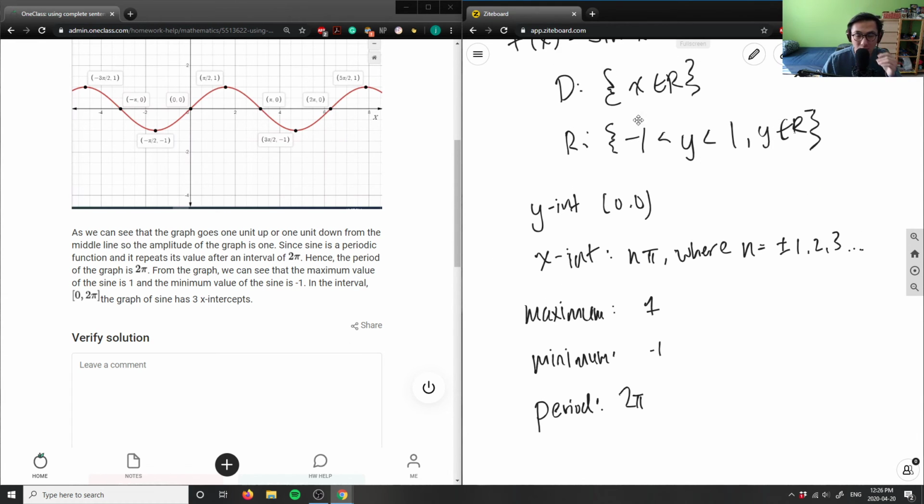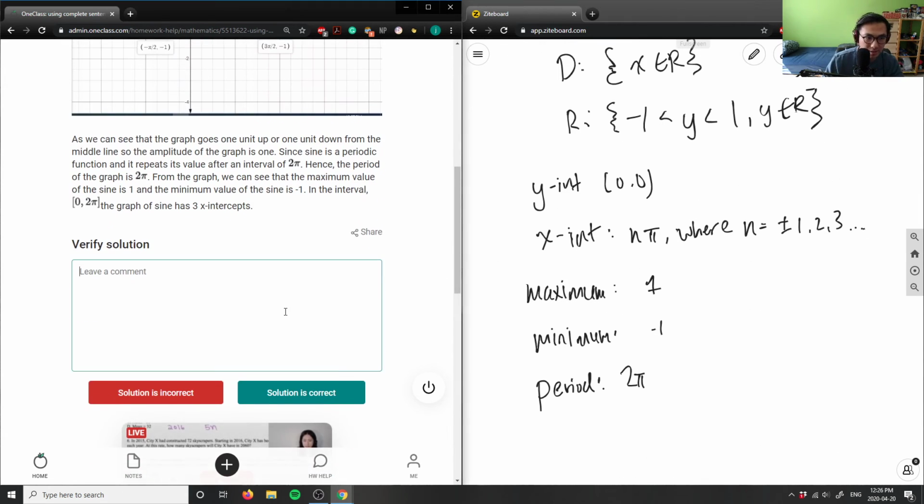I would have liked to include a domain and range, and also how my x-intercept repeats every n pi here. But that's about it. I can't really ask for more here. So maybe I'll say this is a good solution. Actually, you can also include domain and range of the sine function, and also specify that x-intercepts exist for every n pi, where n equals plus or minus 1, 2, 3, and so on.